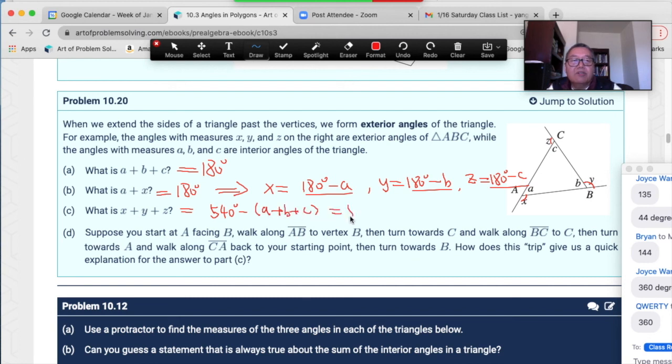So that equals 540 minus 180 degrees. This gives you 360 degrees.